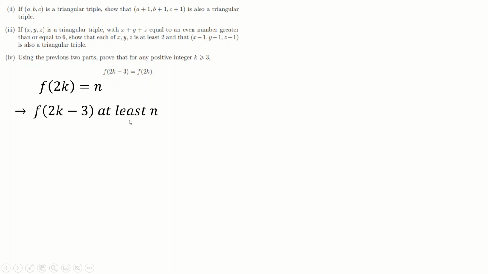It could be more, I guess, because although all of these n have a corresponding solution in here, it could be that this number here has other triangular triples that don't match with the ones you originally had. That sounds a bit confusing, doesn't it? But essentially, imagine all of these solutions are turning into new solutions when you take 1 away from all the sides. Sure, that gives you at least n solutions in here.